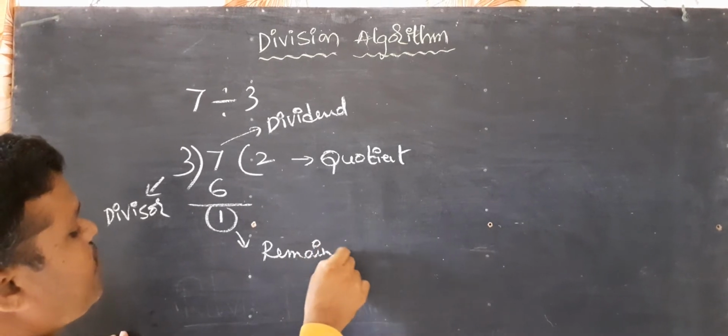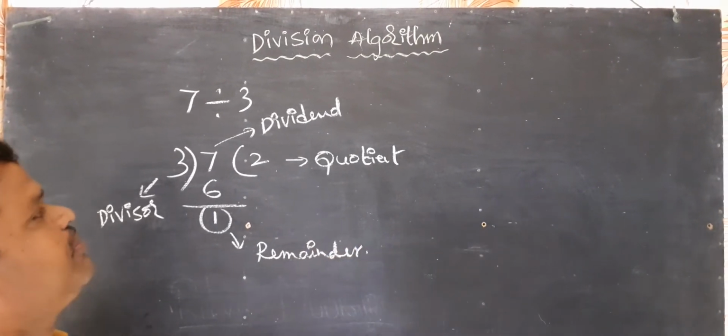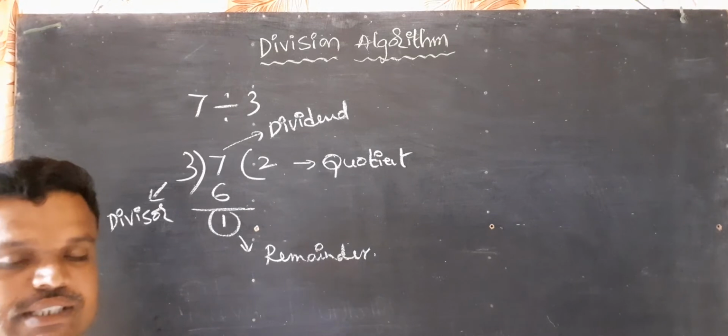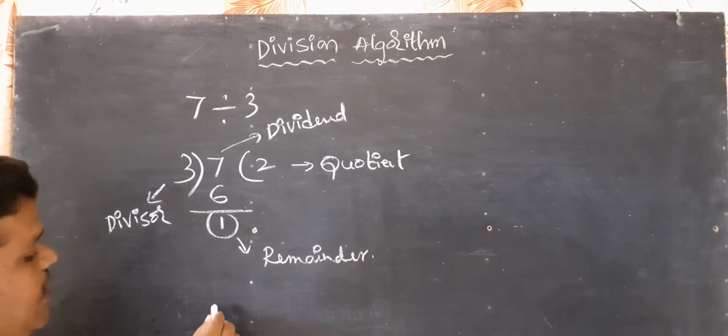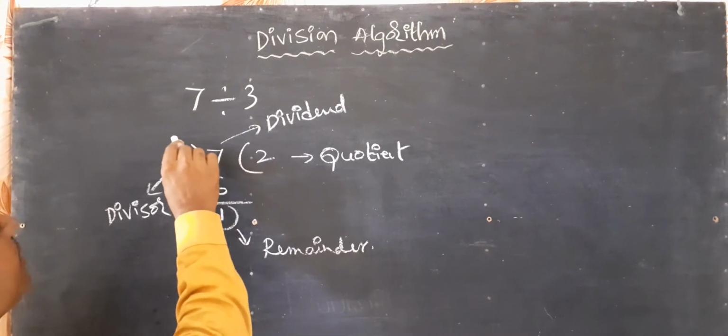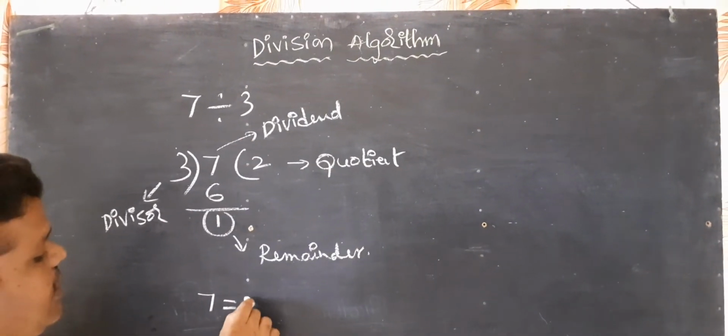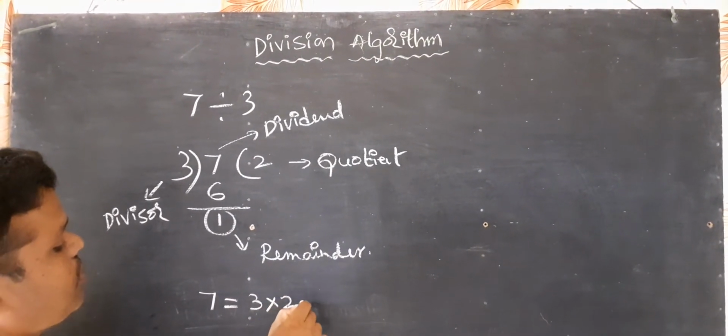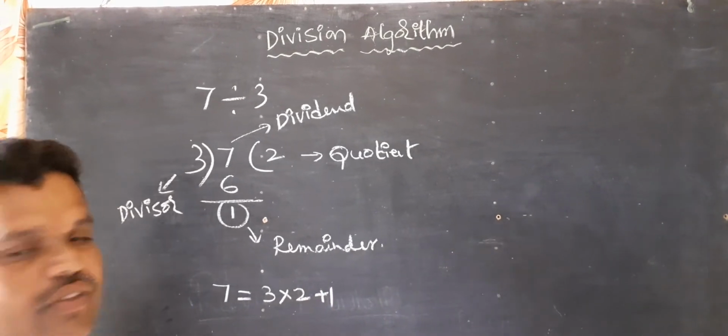Okay. So now we have a relationship between these four numbers. If you see, 7 is equal to, now multiply divisor and quotient, that is 3 into 2, plus 1.